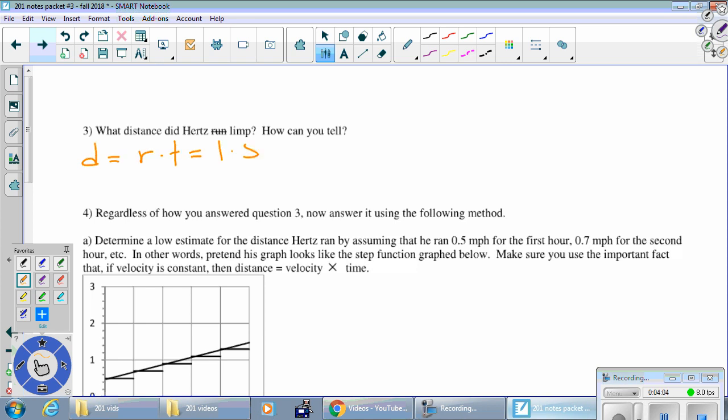It's still 1 times 5, or 5 miles. And this is because Hertz's average speed was 1 mile per hour.